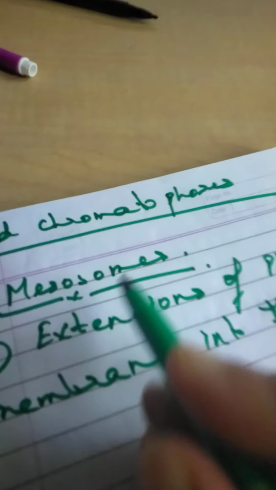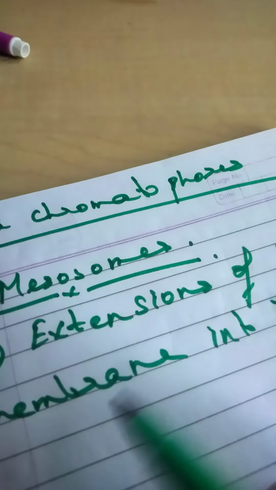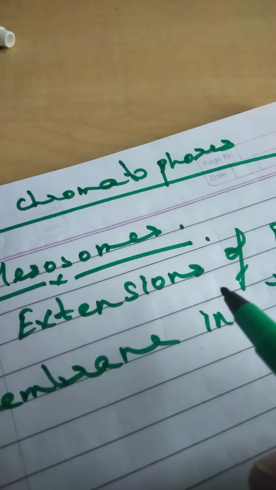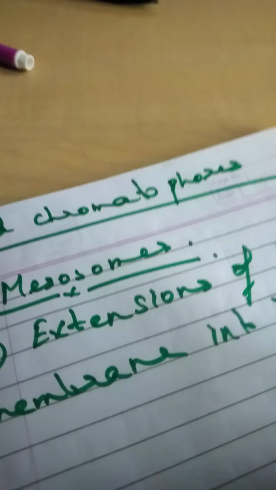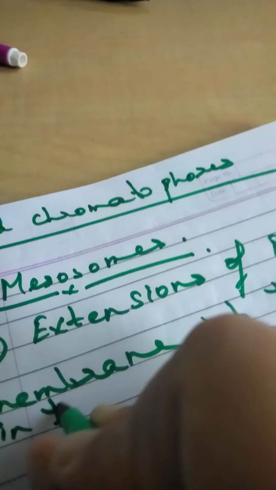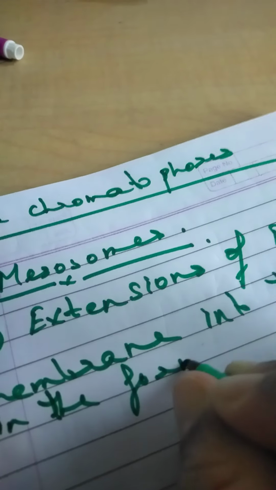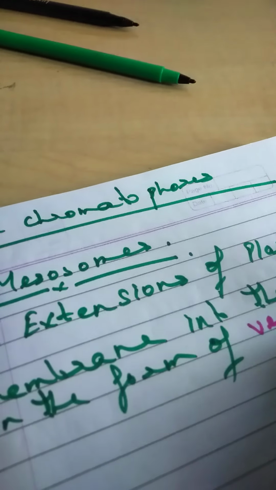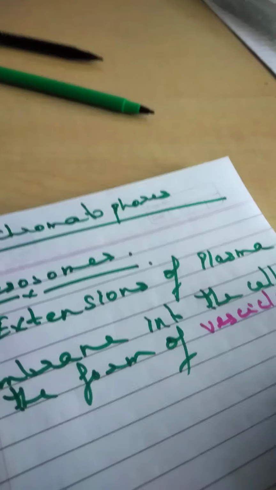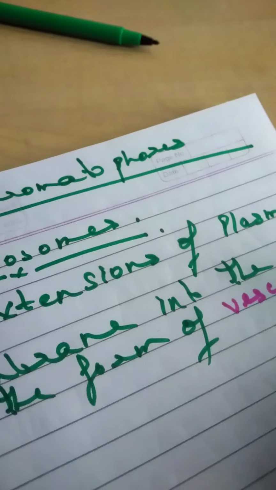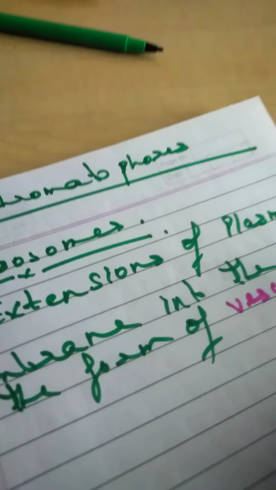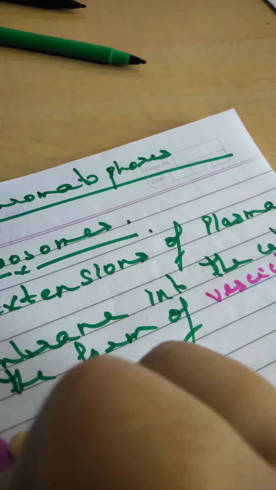First point, they are the extensions of the plasma membrane into the cell in the form of vesicles, tubules and lamellae.